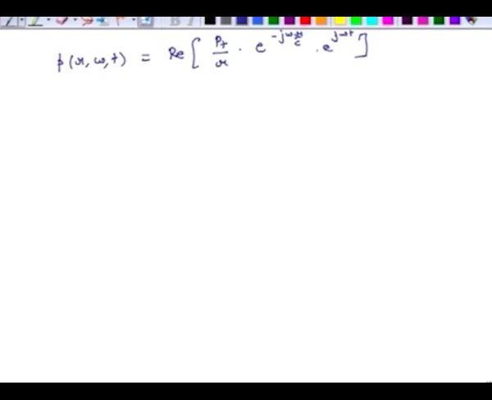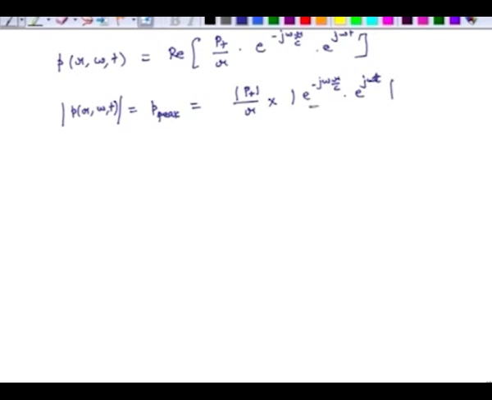If I want to know the magnitude of p, then P peak equals magnitude of P plus divided by r, because r is real, times magnitude of e to the minus j omega r over c times e to the j omega t.